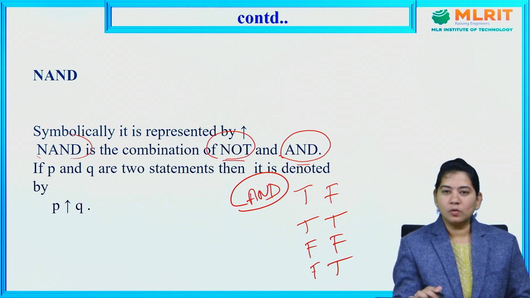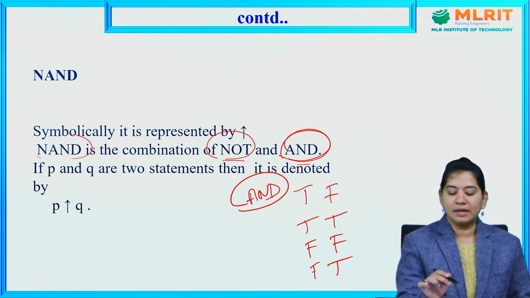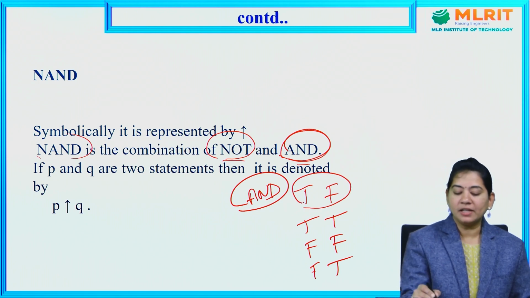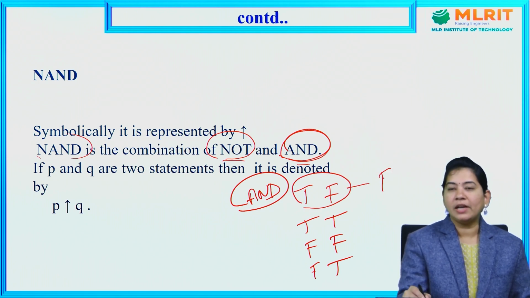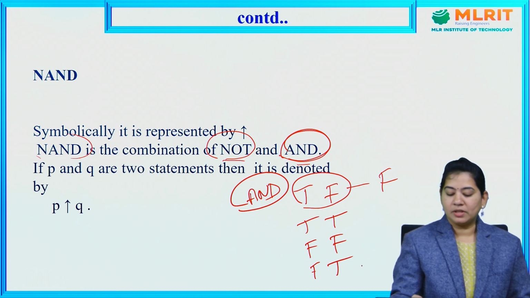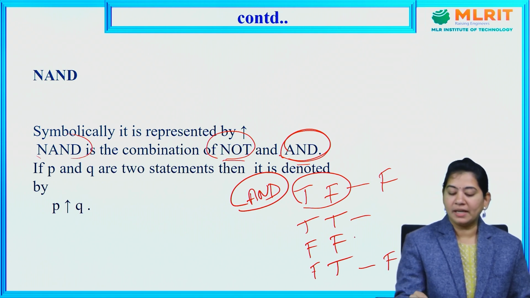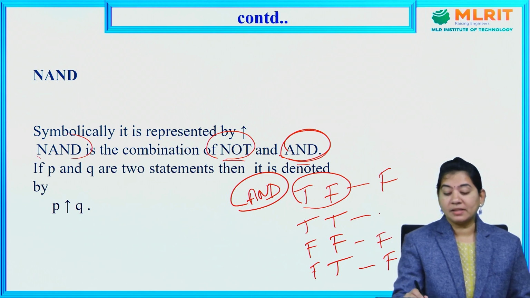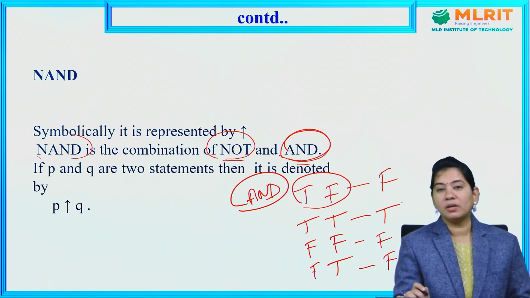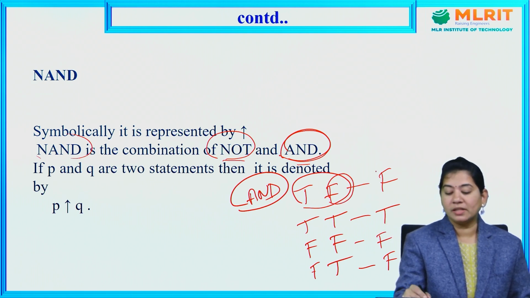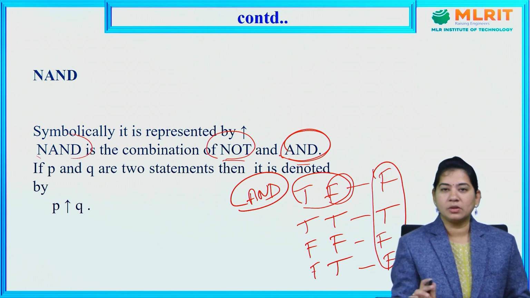The rule for the AND truth table is, even if one statement is false, the resultant value will be false. So in the last row and the first row you will get false. In the third case also you will get false. In the second case you will get true. Why? Because even if one statement is false, the resultant truth value becomes false, otherwise it is true. So this is the condition of conjunction. We have already seen the truth table construction in the previous session.